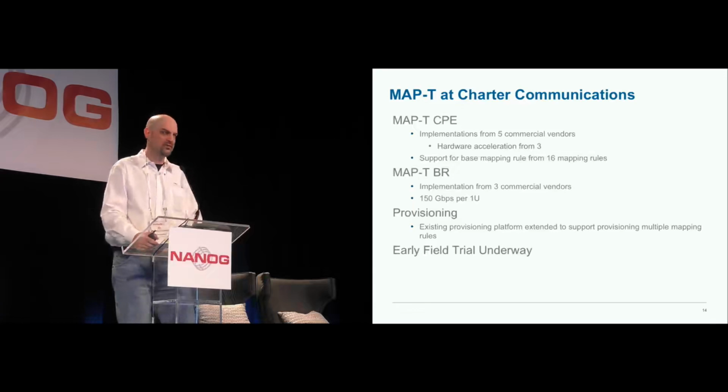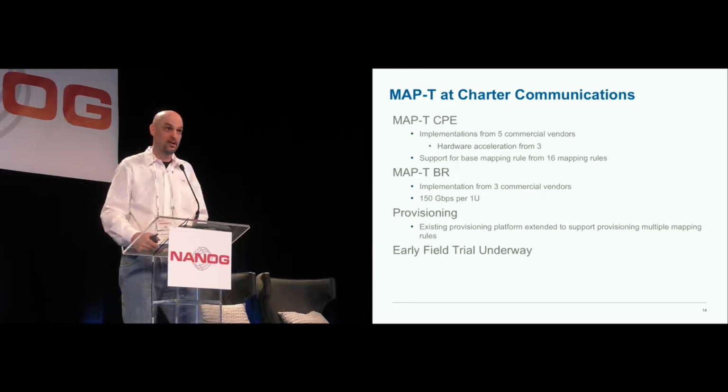Day 1, it was easy to extend ISC DHCP to support MAP-T provisioning, and it didn't take us very long to work with our commercial vendor to not only support option 95, but to also support the multiple mapping rules. I'm proud to report that we're currently undergoing early field trials, and that we hope to share some of the data when we have it available and ready for public consumption.